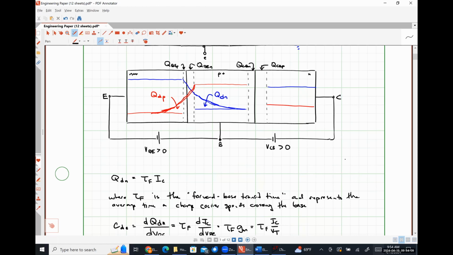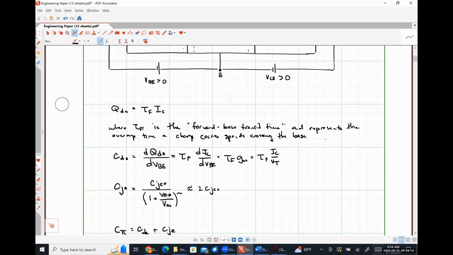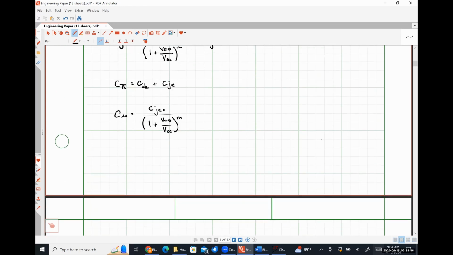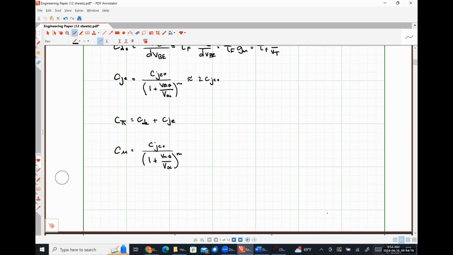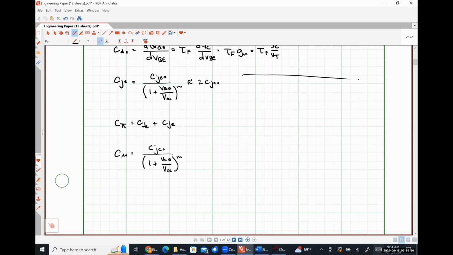So that capacitance CCS is representative. I'm going to draw a picture over here to the right. If we look at how a BJT is literally formed, this is the top of our substrate. This is the bottom of our substrate.